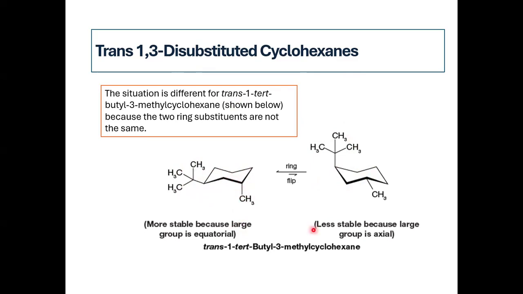When you flip the ring, you flip the whole bonds here, what happens to the ring? Now what happens to the tert-butyl?